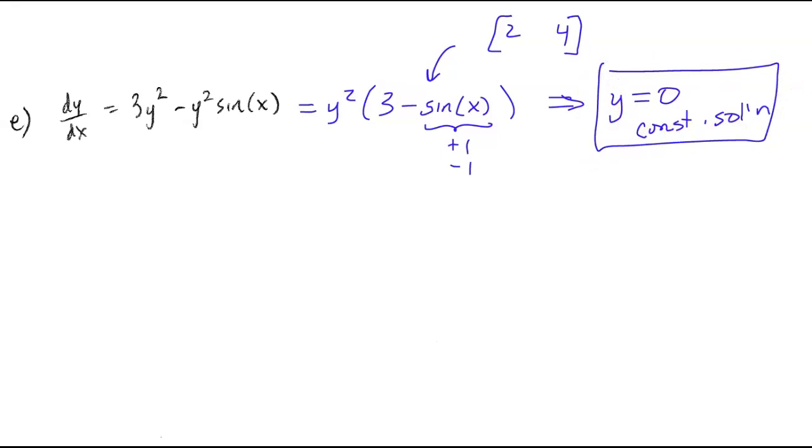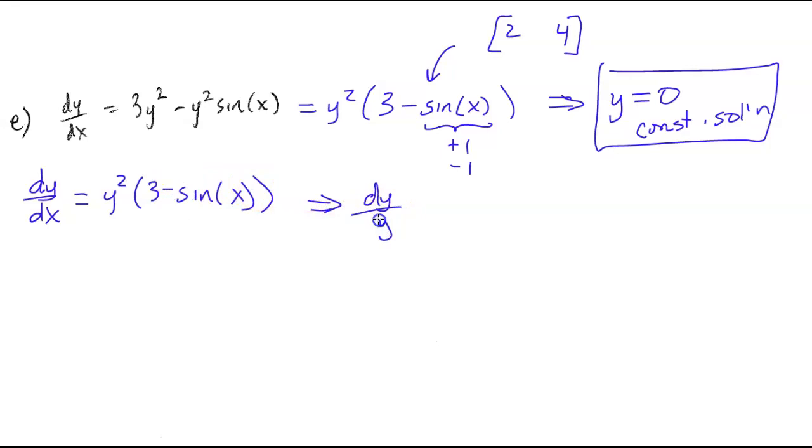Okay. Now that we know that, we could deal with this equation as is, I guess in this form, and go ahead and try to solve for our function y in terms of x. So to do that, we can do some quick rearranging here. We'll divide both sides by y squared and multiply both sides by dx.